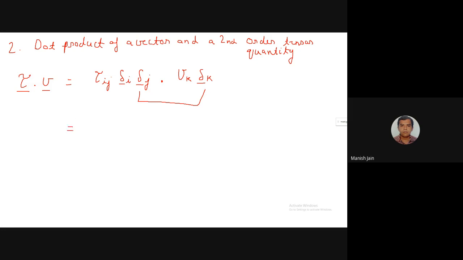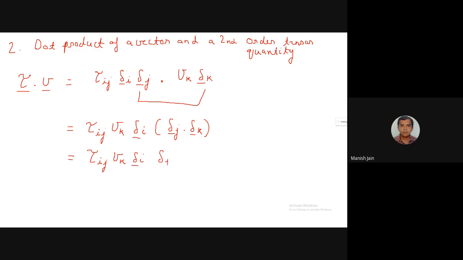So you can write the magnitude tau ij vk, del i remains as it is, and then you have del j dot del k.